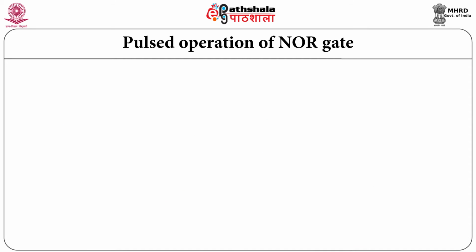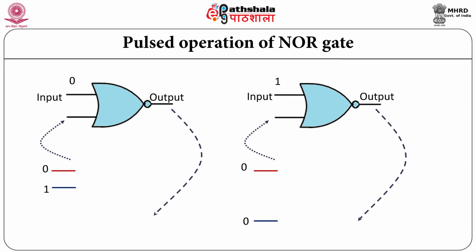Let us now move on to the pulse operation of NOR gate. In this case, one of the NOR gates receives logic 0 as the input and the other gate receives logic 1 at the input.